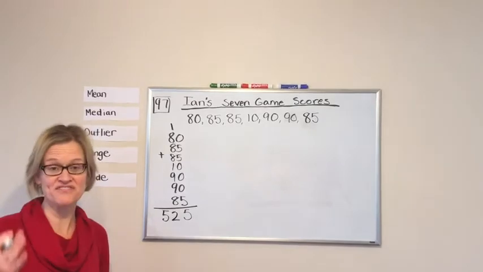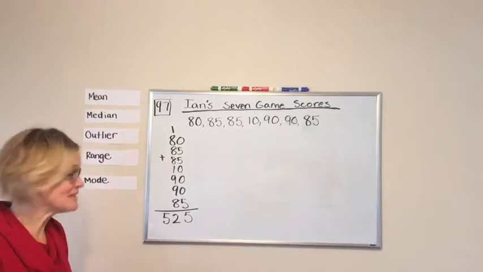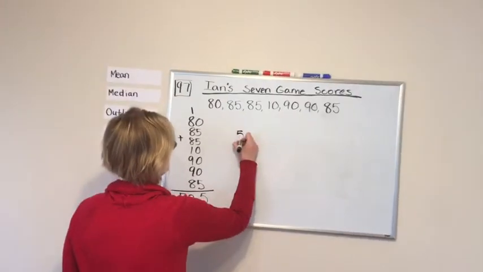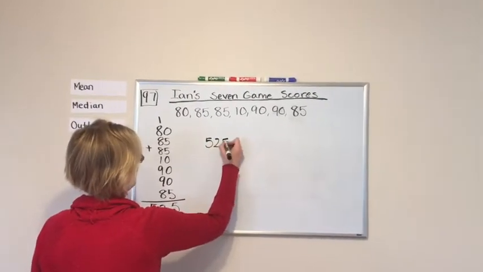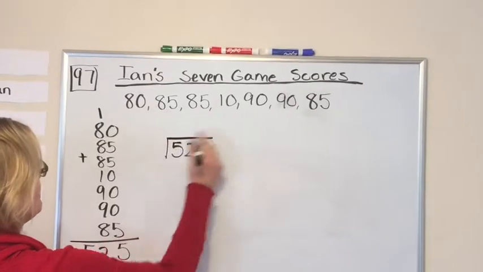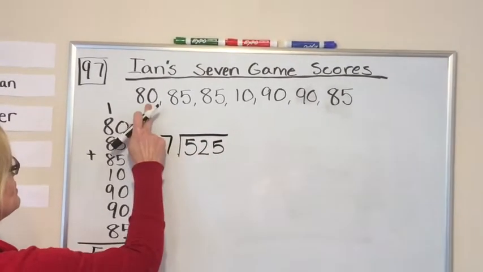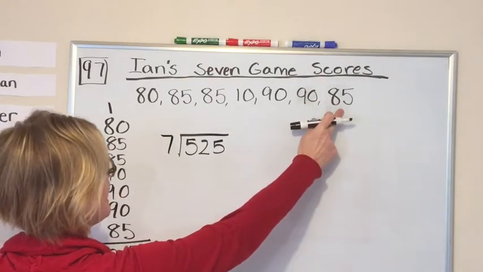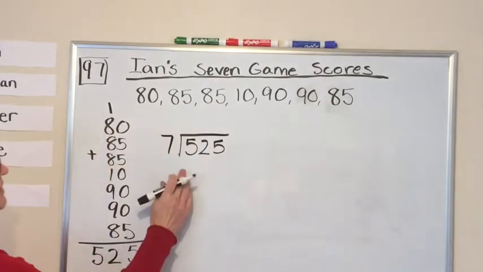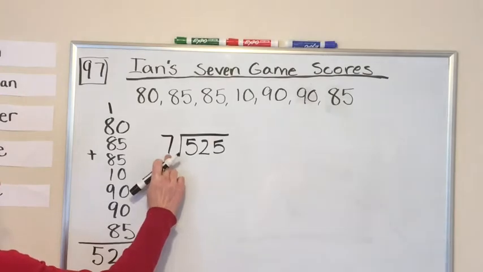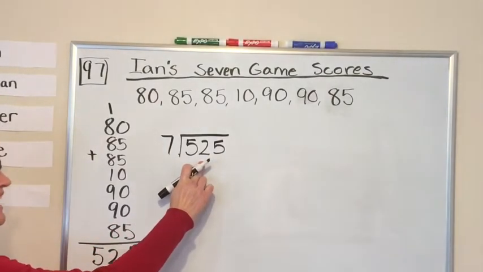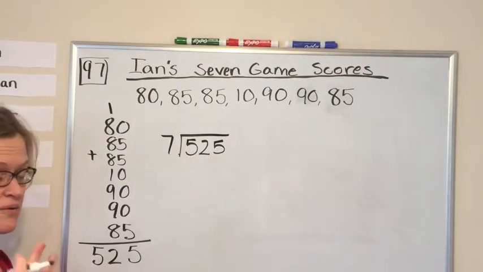But now we need to find the mean, or the average. So we take 525 divided by 7, because there's 1, 2, 3, 4, 5, 6, and 7. So remember, when we're dividing, can 7 go into 5? No. Can 7 go into 52? Yes. How many times without going over?